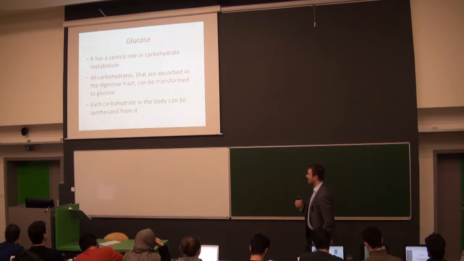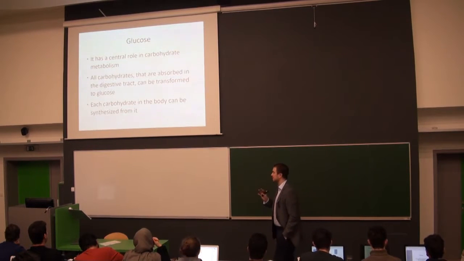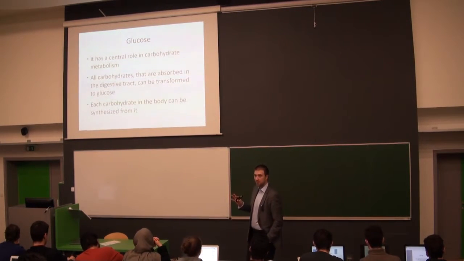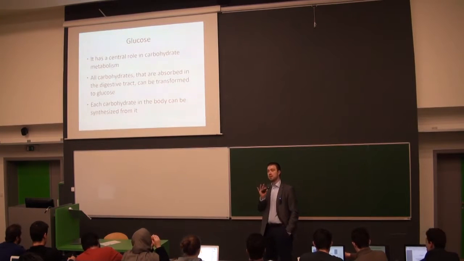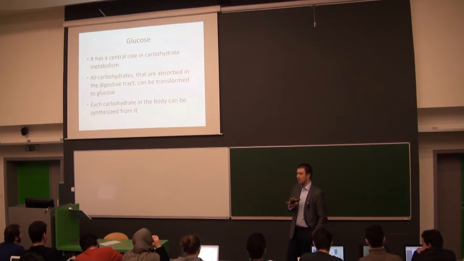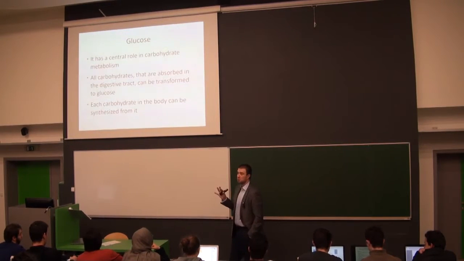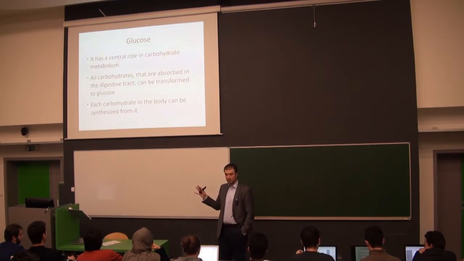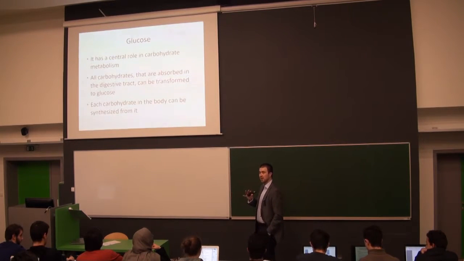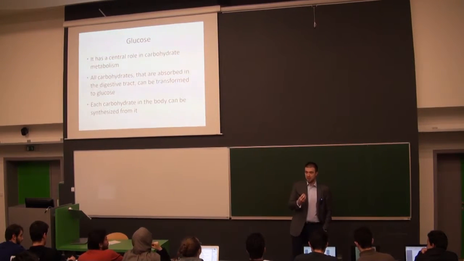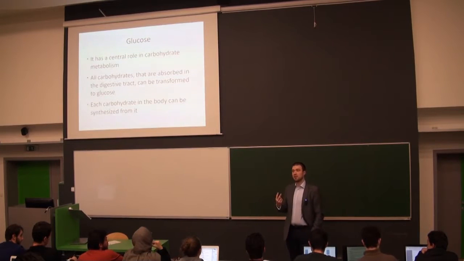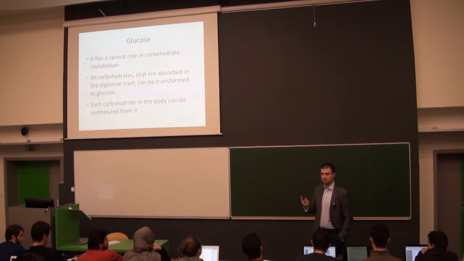And on the other hand, if you want to synthesize some saccharide in your body, glucose can serve as the material precursor for it. For example, if the mother wants to produce mother's milk, then inside the mammary gland you can transform glucose to galactose and then subsequently form the disaccharide lactose.